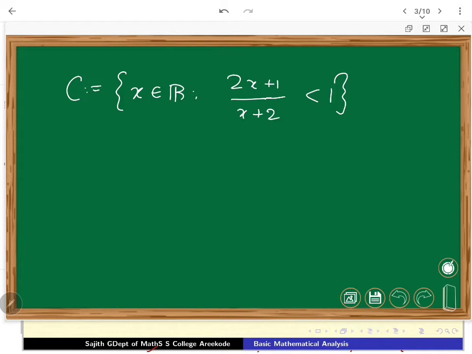This set also one can determine in a nice way without giving the solution fully. Just think about it: 2x plus 1 by x plus 2 is less than 1. Once again you can bring 1 to this side, or you can manipulate it as a product and appropriate things. We can do it. So let us make it homework.